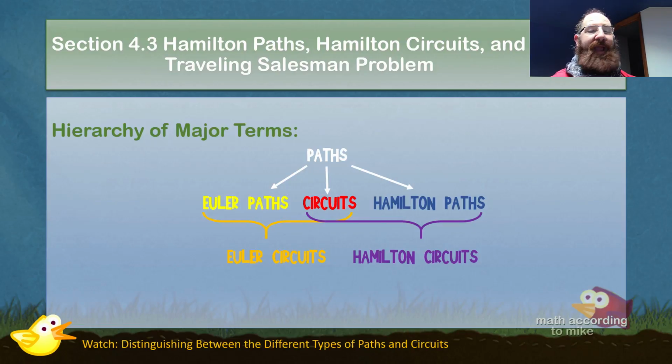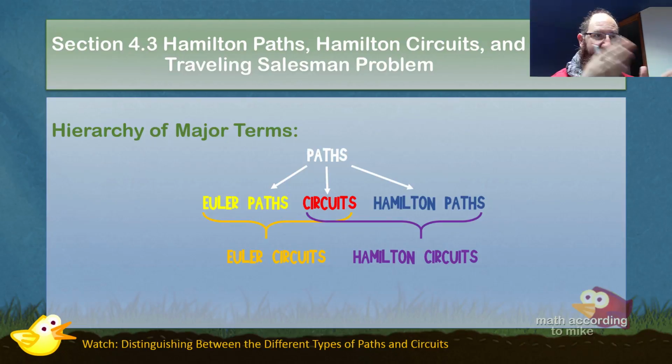So if an Euler path and a circuit got together, they would make an Euler circuit. So an Euler circuit, you could say, is a circuit that uses all the edges. You could say it is an Euler path that begins and ends at the same place. Or you can say an Euler circuit is a path that uses all the edges and begins and ends at the same place. So there's a bunch of ways to define it.